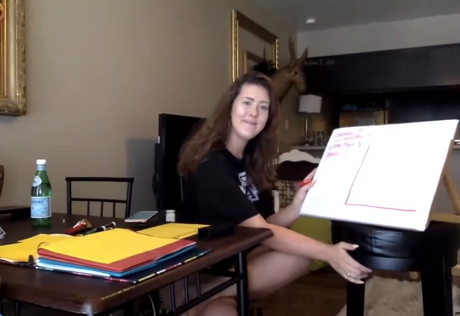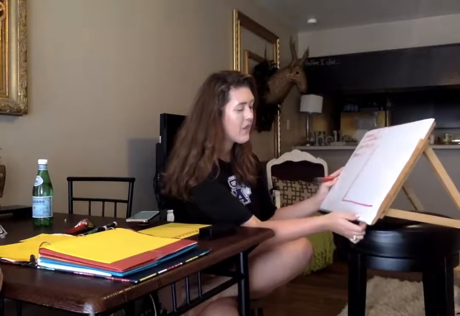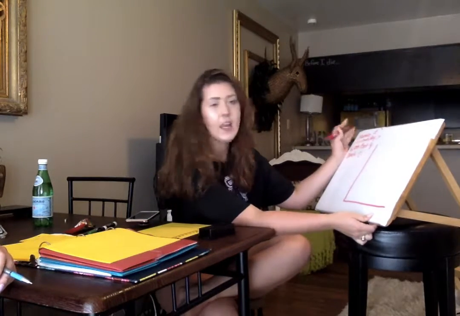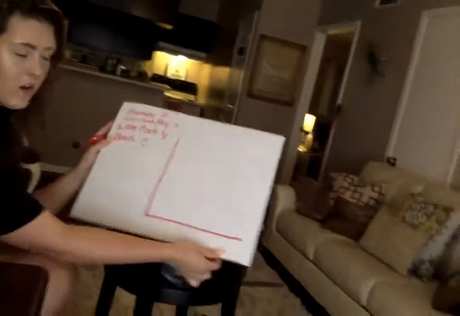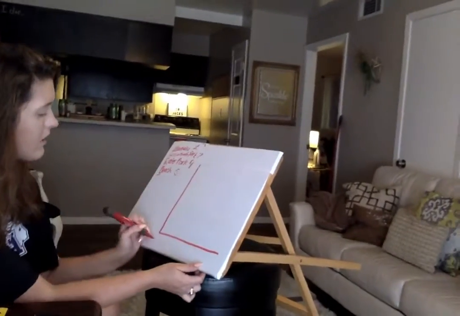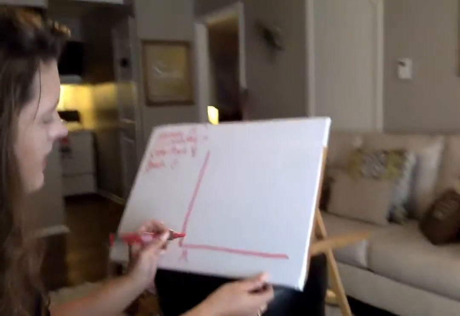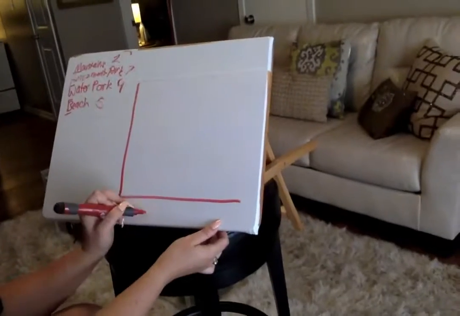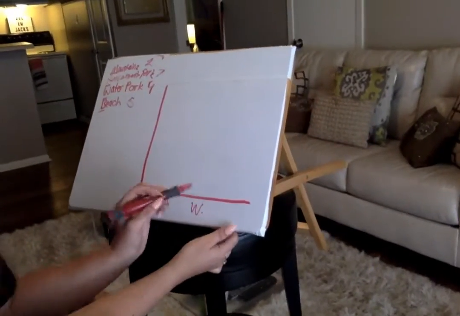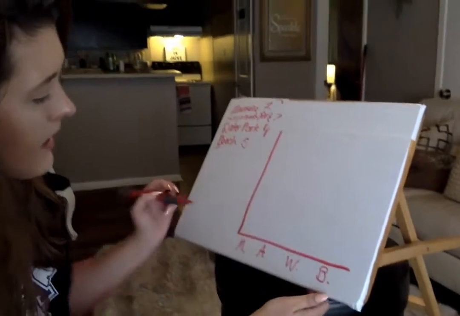So it has 2 main lines, one at the bottom and one at the side, like so. At the bottom of the bar graph, we are going to put the names of the data that we collected. Just for the sake of words, I'm just going to put M for mountains, A for amusement park, W for water park, and B for the beach.